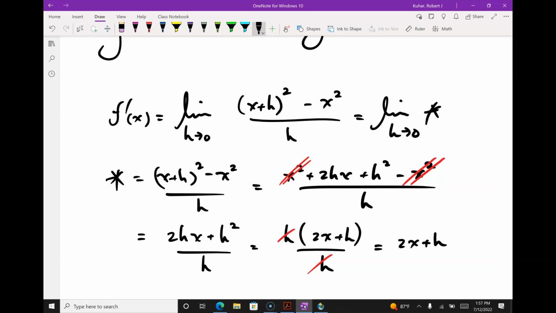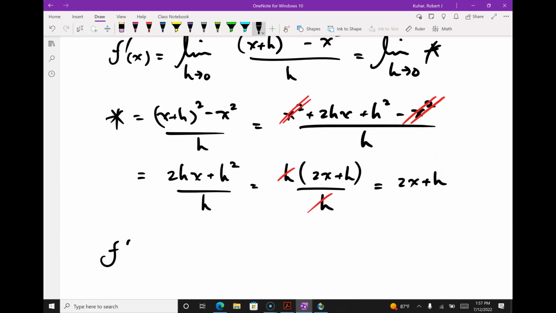I didn't take the limit yet, right? So it's the slope of what? Secant line for some x and some h. To get the slope of the tangent line or the derivative, I let h go to 0. So f prime of x is the limit as h goes to 0 of star, which is 2x plus 0, which is 2x. There's the derivative.